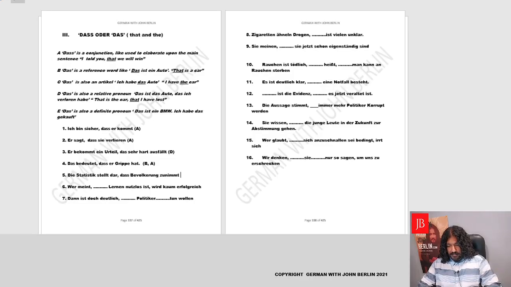Let's write here C first. Fantastic. Wer meint, dass das Lernen nutzlos ist, wird kaum erfolgreich. Who thinks that learning is of no use will rarely become successful. So here we have used das Lernen. Lernen is to learn.